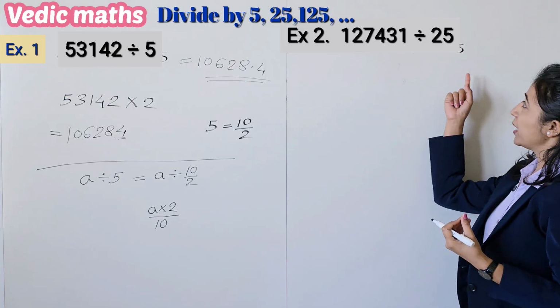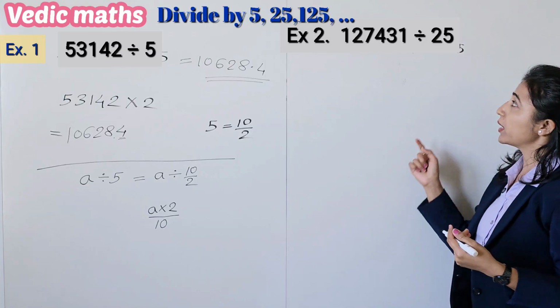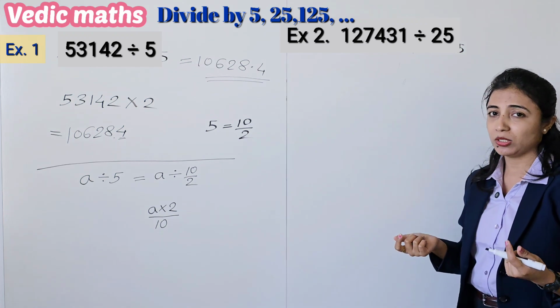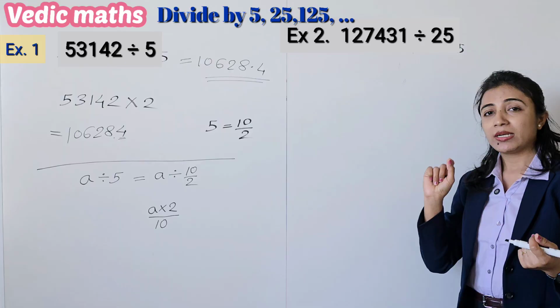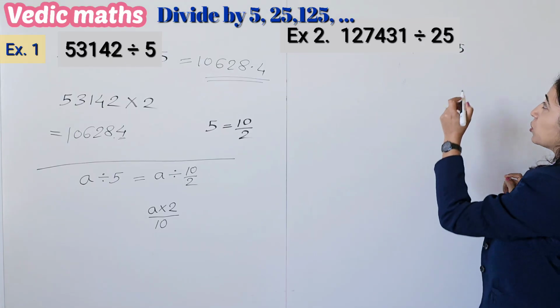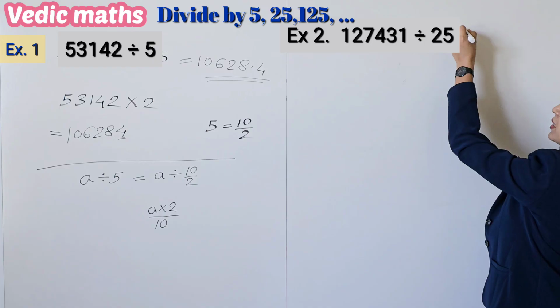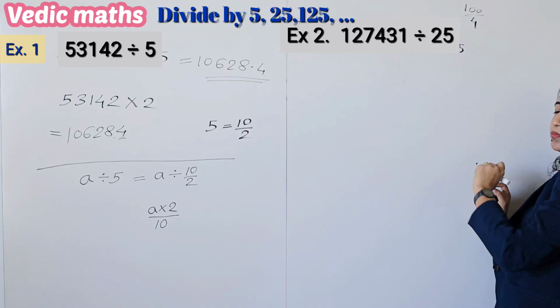You can write 25 as 100 divided by 4, or as 50 divided by 2 also. But the easy way is to write it in the form of 10, 100, 1000, 10,000 in this way. So 25 is nothing but 100 divided by 4.